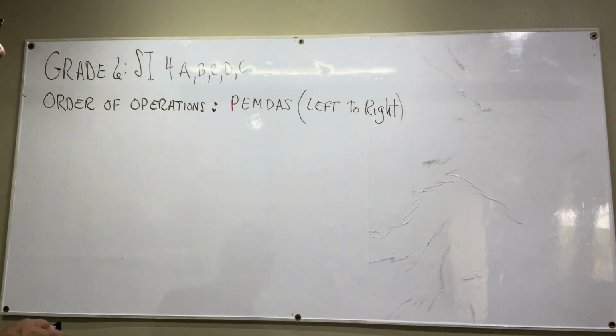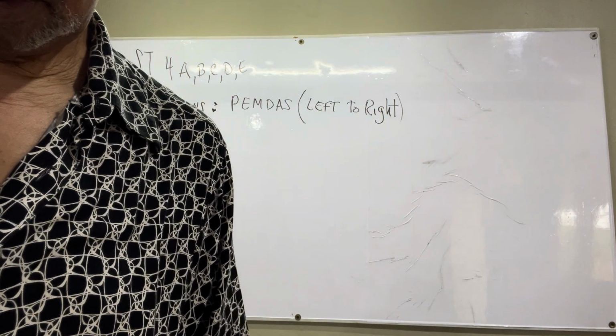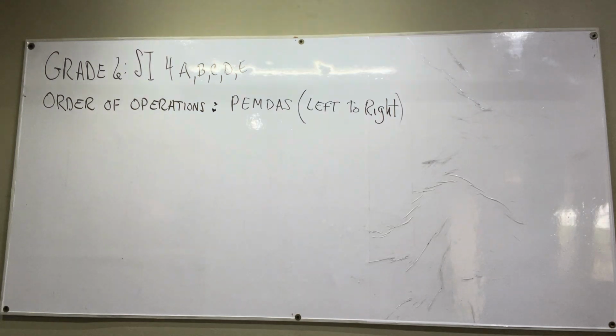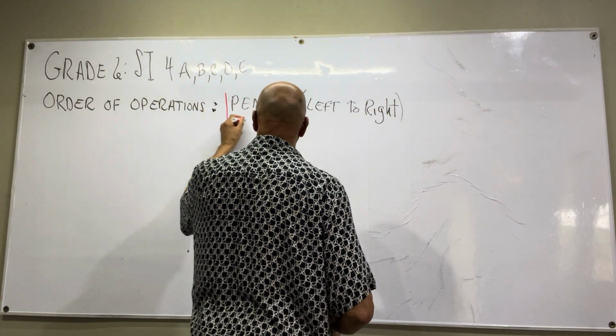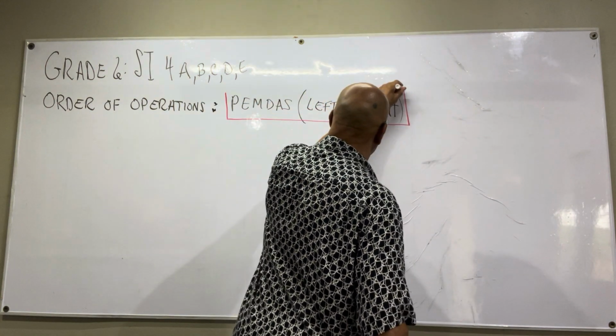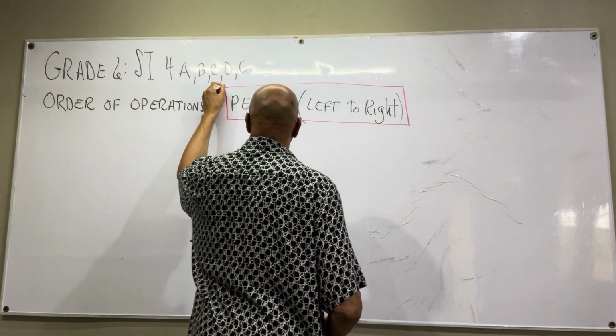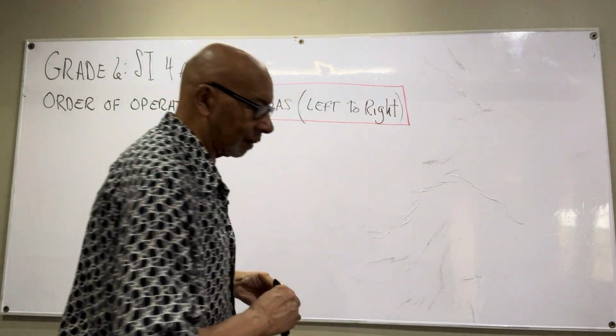So you can't move the letters in different arrangements, because then it won't give you the right result when you're going from left to right. So I'm going to leave that on the board for us to refer to and put it in red, so you can see how we apply it.